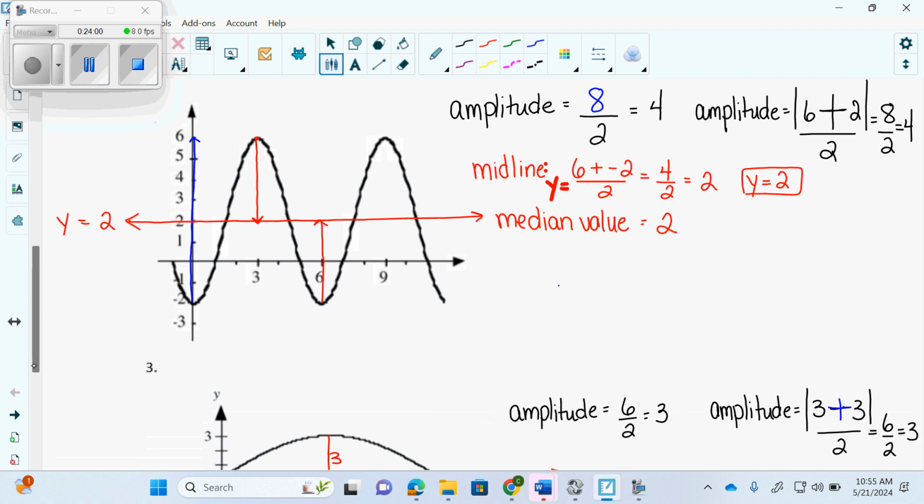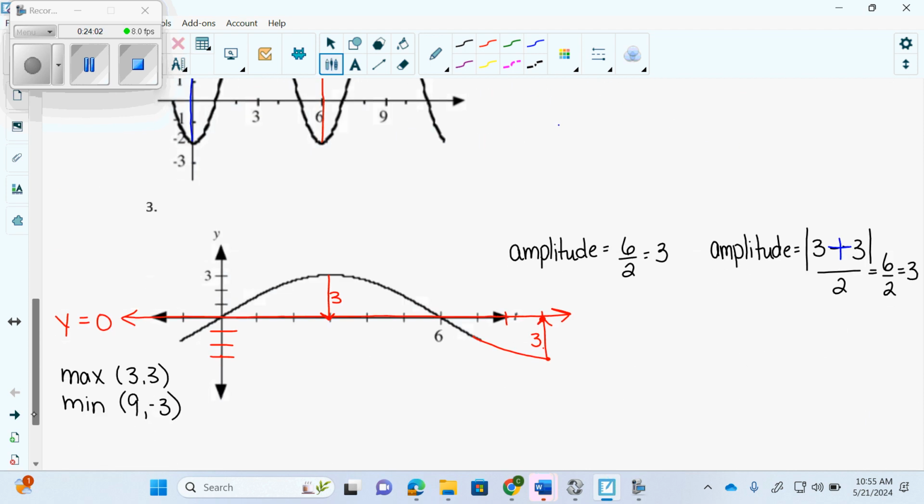All right, this one. My midline is y equals the maximum, which is 3, plus the minimum, which is negative 3, divided by 2, which is 0 over 2, which is 0. So my midline is y equals 0, and my median value equals 0.